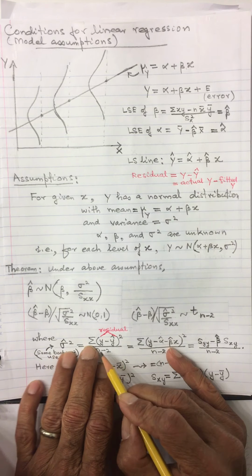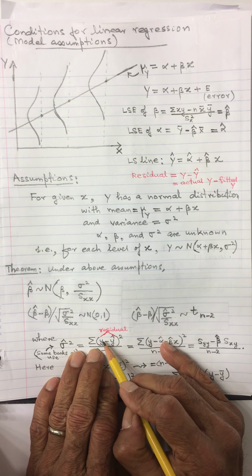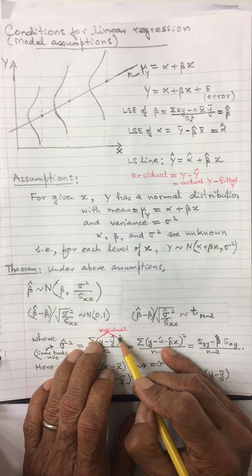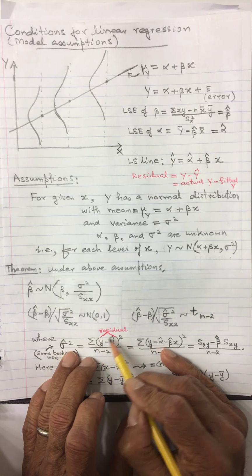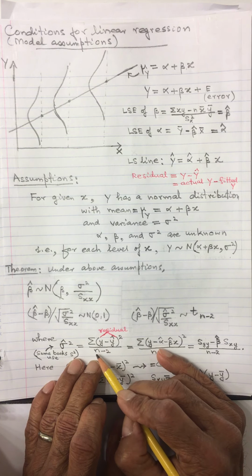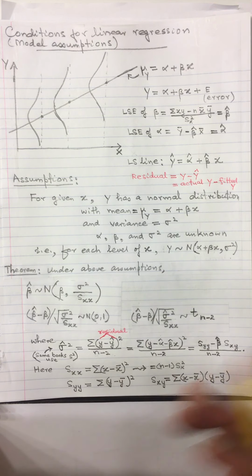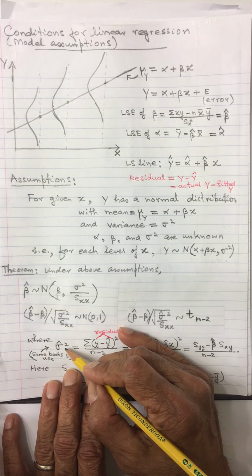Once you calculate that, for each actual data point minus the fitted value, take the square, add them up, and divide by n minus 2. Okay, so that is that estimate actually.